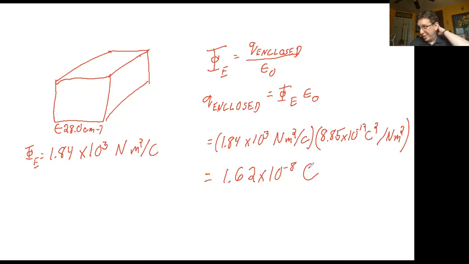And you can exploit that in some complicated charge distributions, provided the charge distributions are symmetrical. You can exploit Gauss's law to turn a very complicated integral problem into a relatively simple algebra problem. And that's what we're going to spend the bulk of today's lecture doing.